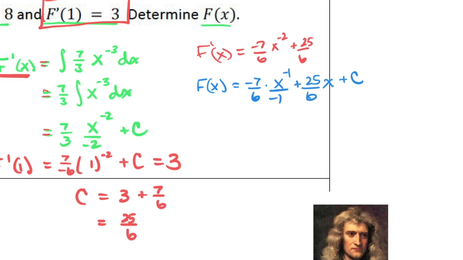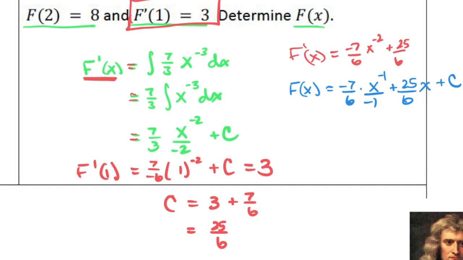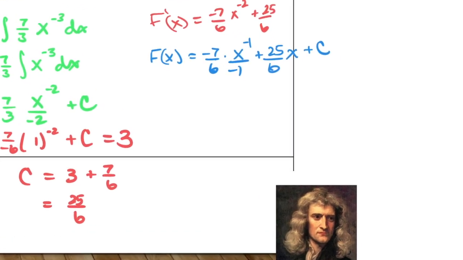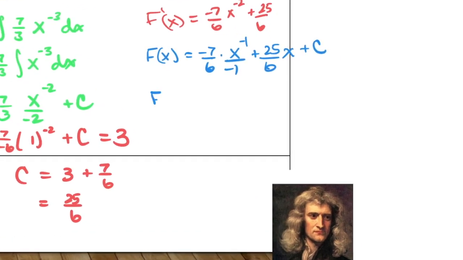Wait, we have another piece of information that we haven't used. f of 2 is equal to 8. So what does that tell us? f of 2 equals positive 7 over 6 times 1 over 2 plus 25 over 6 times 2 plus c must be equal to 8.